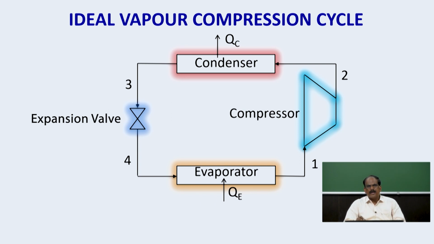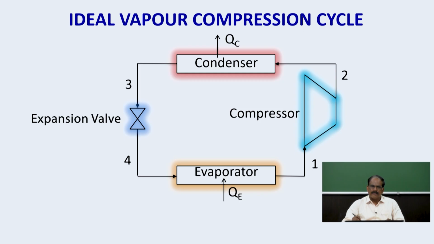takes the heat from the medium, from the substance, and thereby the substance is cooled and the liquid refrigerant is evaporated, and it leaves at state 1 as low pressure refrigerant vapor.